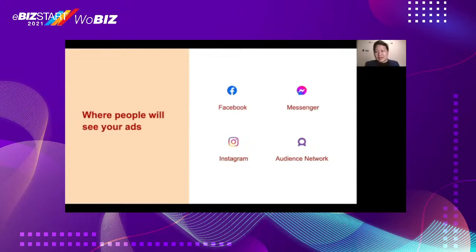So you might be asking, hey, okay, Eric, I know a lot of people are on Facebook, Messenger, Instagram, and WhatsApp. So definitely they will see my advertisement there. However, what is Audience Network? Now, Audience Network covers a wide range of platforms where Facebook owns the advertisement real estate. For example, some of you out there might be playing mobile games, or your friends are playing mobile games.